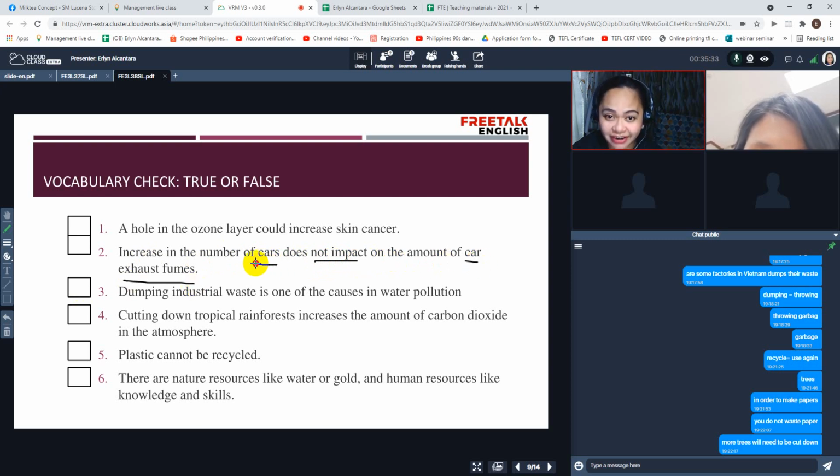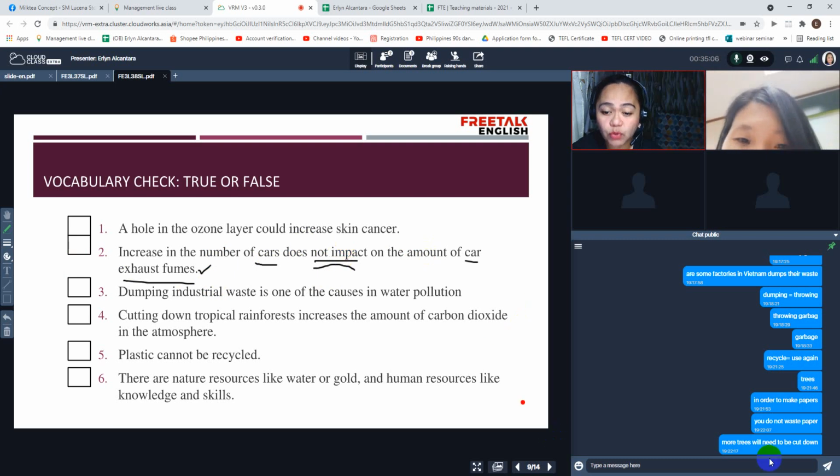We're talking about normal cars that give out fumes or dirty smoke. So is it true or false? Will these cars not impact the amount of car exhaust fumes, or will they impact?